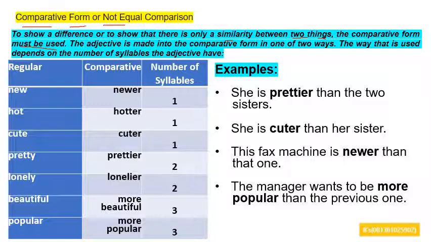The adjective is made into the comparative form in one of two ways. One way is by adding -er, and the other way is by using more. It depends on the syllables of the adjectives.